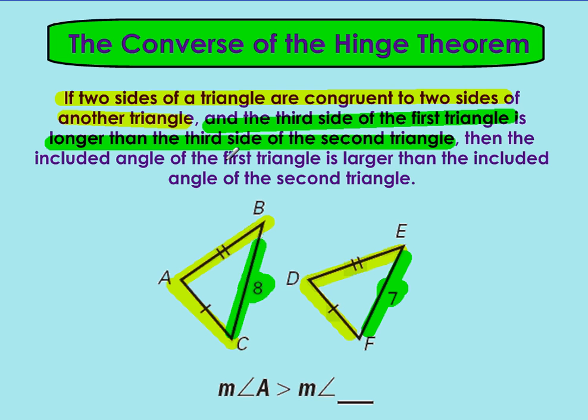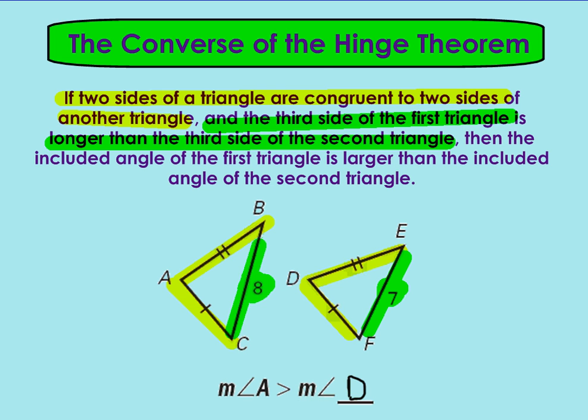So if you have two sides that are congruent to two sides of another triangle, and the third side is longer than the other third side, then the angle included between those first two congruent sides is going to be bigger than the included angle of the second triangle. And we can say here that A is going to be bigger than D.